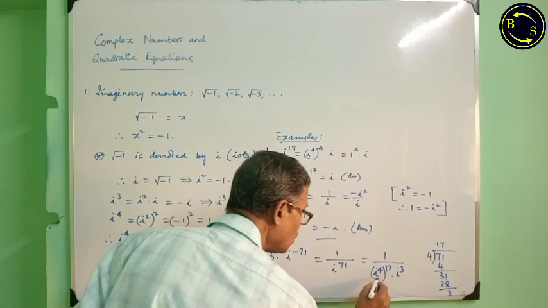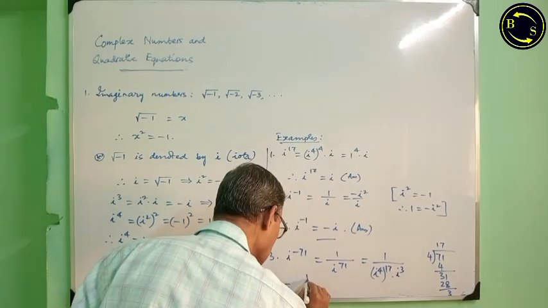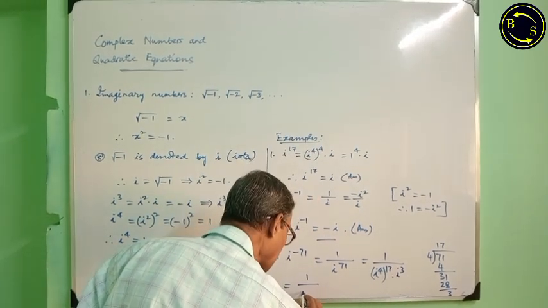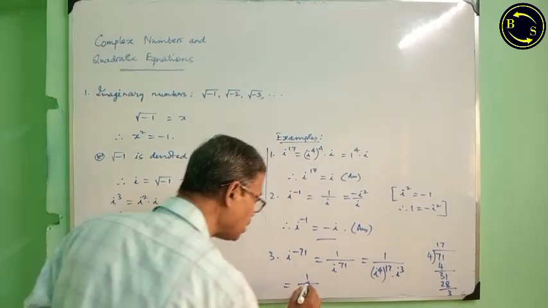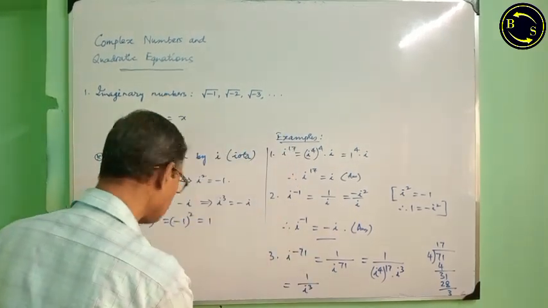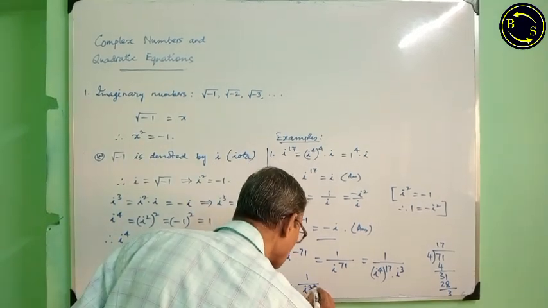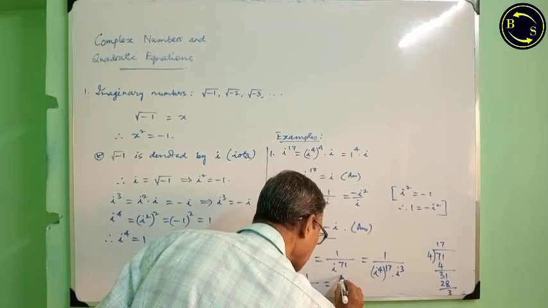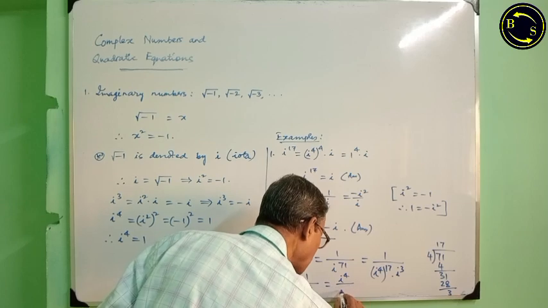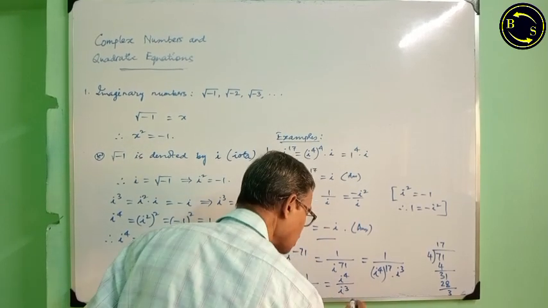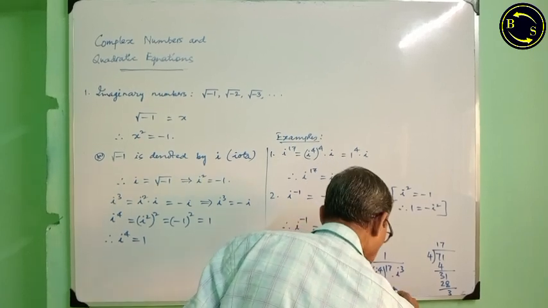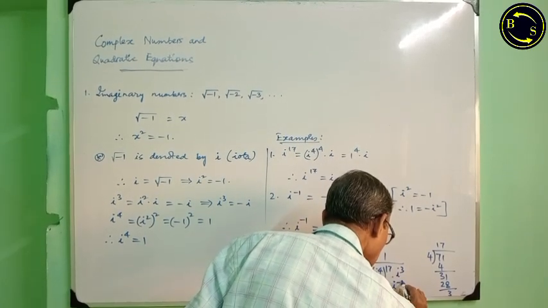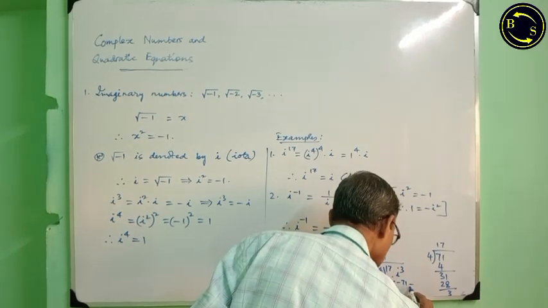That is equal to, the value of this one is 1 by i cube. Now this 1 can be written as, already we have calculated i to the power 4. Therefore I write like this, i to the power 4 by i cube means i. Therefore i to the power minus 71 is equal to i.